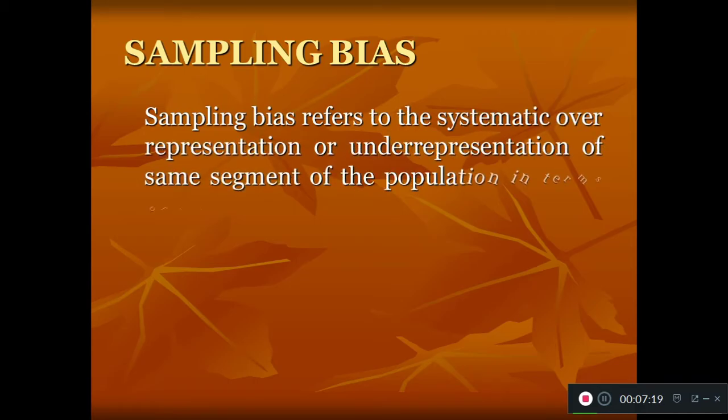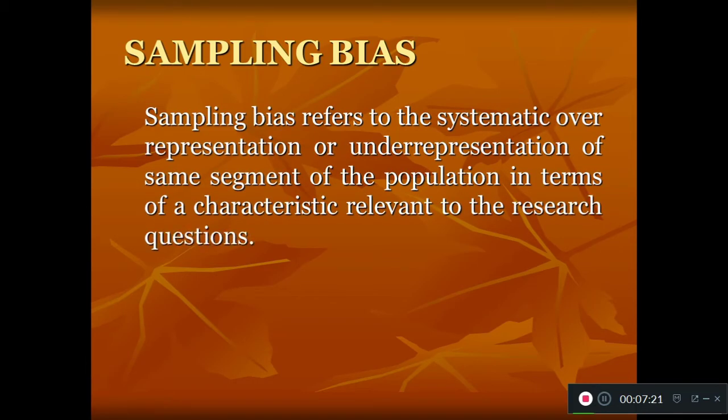Sampling bias refers to the systematic over-representation or under-representation of some segment of the population in terms of a characteristic relevant to the research question. For example, when we take the sample, if we take all 60 samples from people who have a postgraduate qualification, that is over-representation.